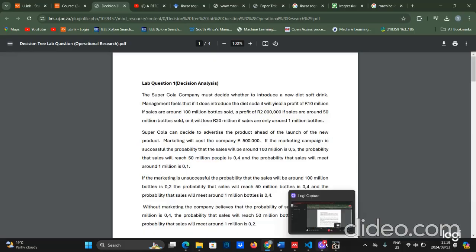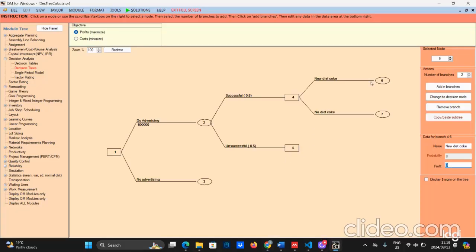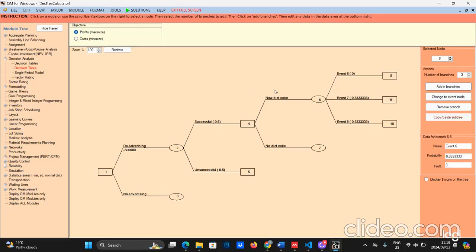Which means in this instance, after they introduce the new Diet Coke, they will have three possible outcomes, so we'll increase the number of branches to three. And then we'll change this into a state of nature or an event node.